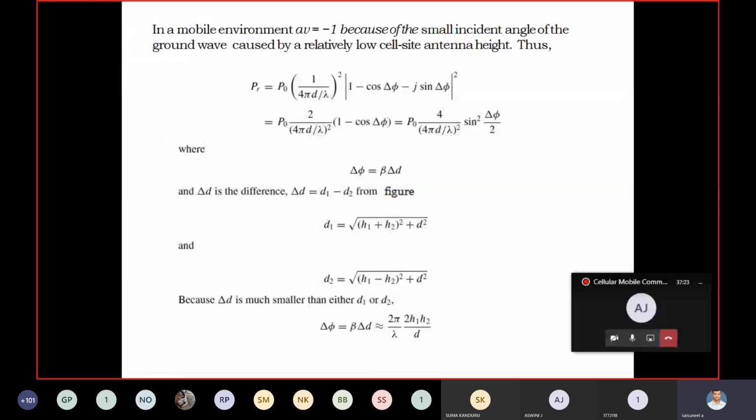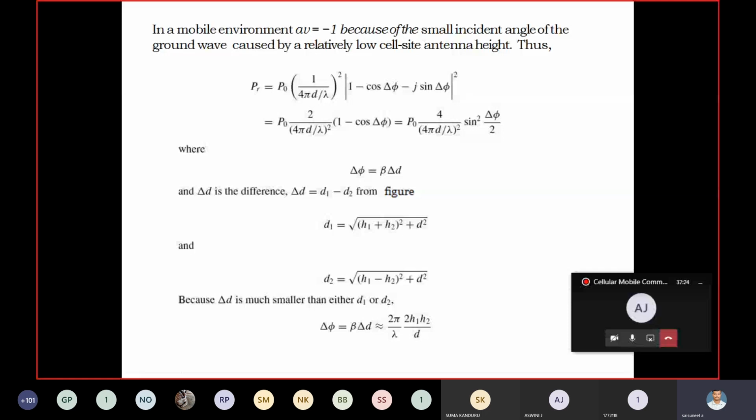What is meant by delta d? Delta d equals d2 minus d1, where d1 is the path length of the direct wave and d2 is the path length of the reflected wave.